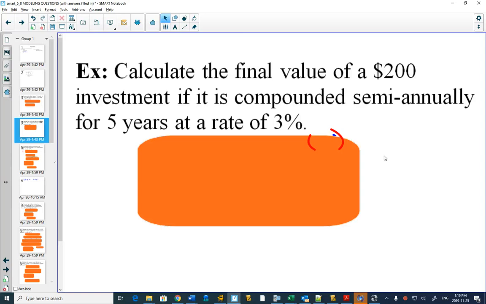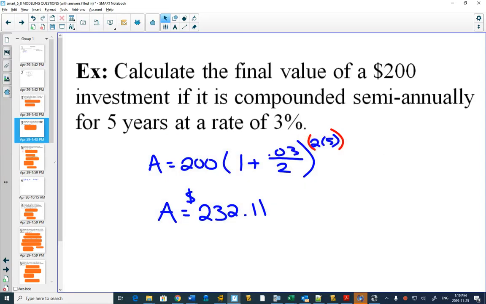All right, let's check how you did for plugging things in. Did you get all of the numbers right? Now I have the red brackets around the 2 times 5. Depending on your calculator, you might need to put that 2 times 5 in an extra set of brackets.